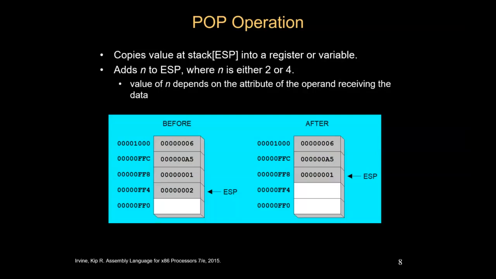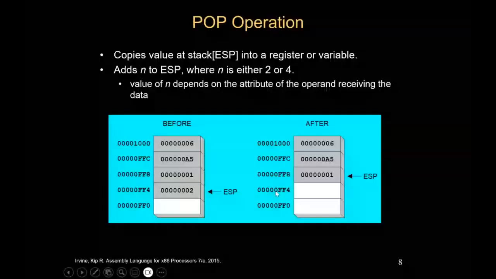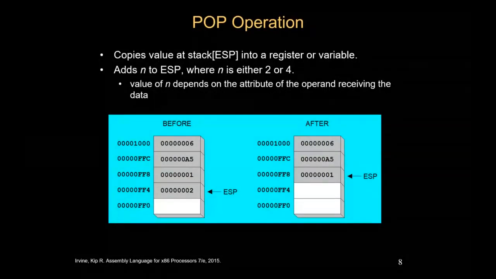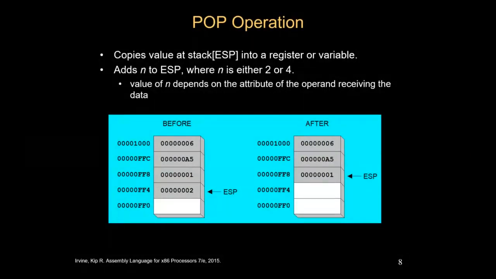So the area of the stack below the ESP, even from the previous slide, is logically empty and will be overwritten the next time the current program executes an instruction that pushes a value on the stack.